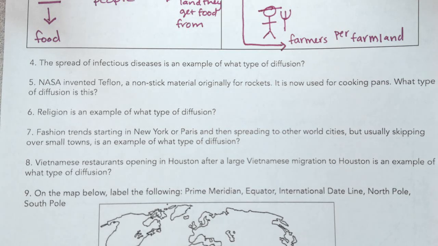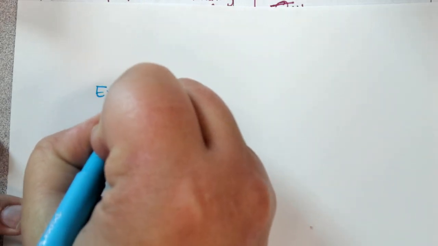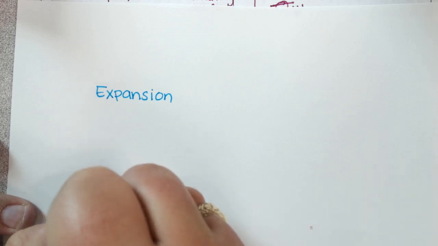When we're looking at the different types of diffusion, we have 2 types. We have expansion diffusion, and we have relocation diffusion.